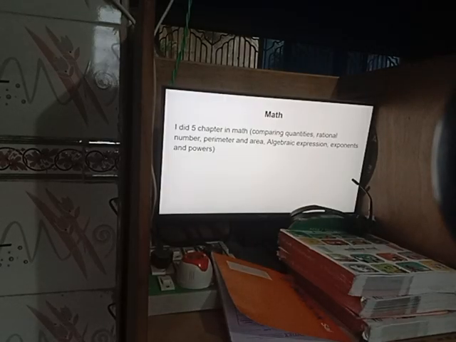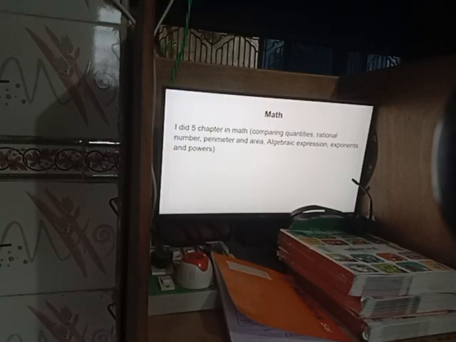Okay, so chapter number 10, algebraic expression. For understanding algebraic expressions, we have to understand what is a constant and a variable. A constant is a symbol having a fixed numerical value, and a variable is a symbol which can take various numerical values.